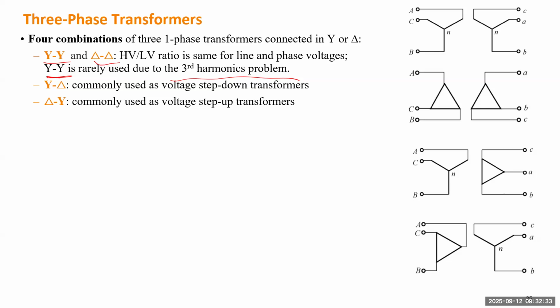Y to delta and delta to Y connections are more common in actual transformers. Y to delta connection can be easily used as a step-down transformer because even though for the primary and secondary sides of each phase the transformer design is exactly the same, basically you just use the 1-to-1 ratio single-phase transformer.